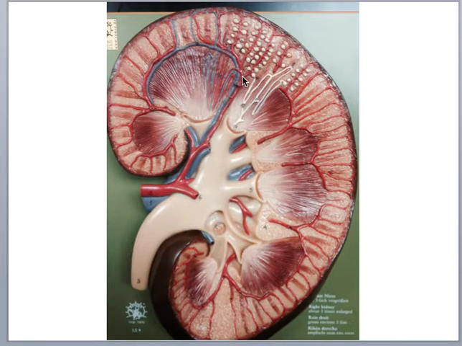Then this branches off again, and you see the arteries coming around and arcing around the pyramids. They are found smack dab in the middle, between the pyramid, the renal medulla, and the renal cortex. This is the arcuate artery. So these are arcuate arteries.